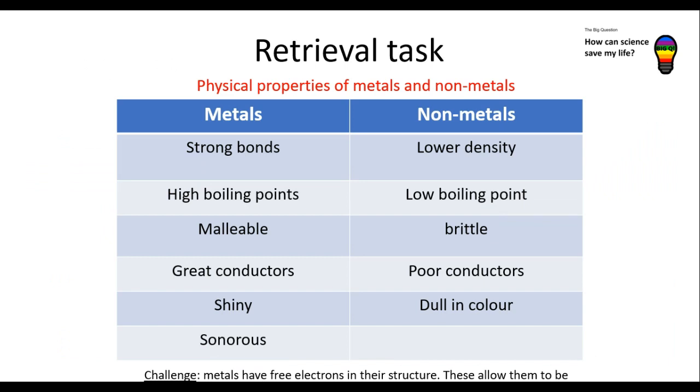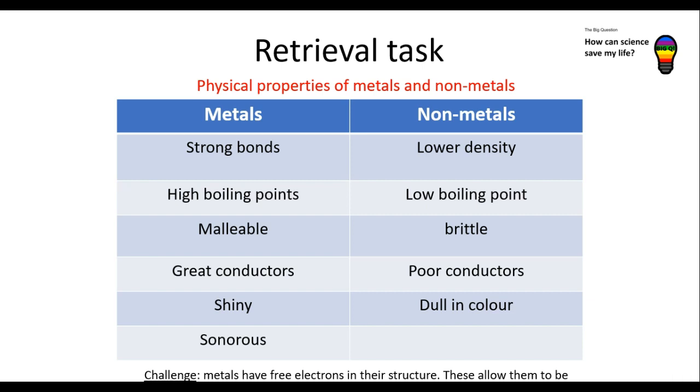Okay, so if you managed to use these images, or just to remember yourself, you should be able to write down that metals usually have strong bonds and high boiling points. They're malleable, they're great conductors, and they're shiny and sonorous.